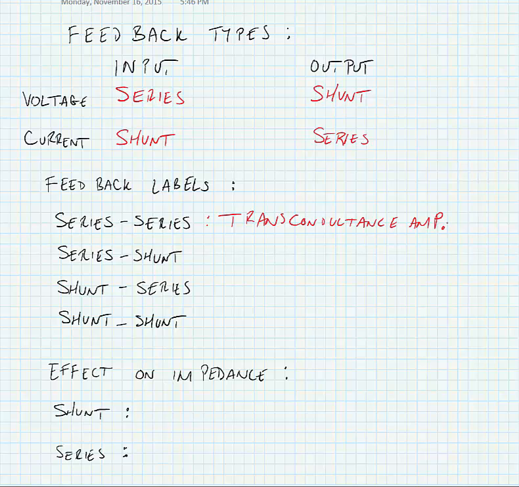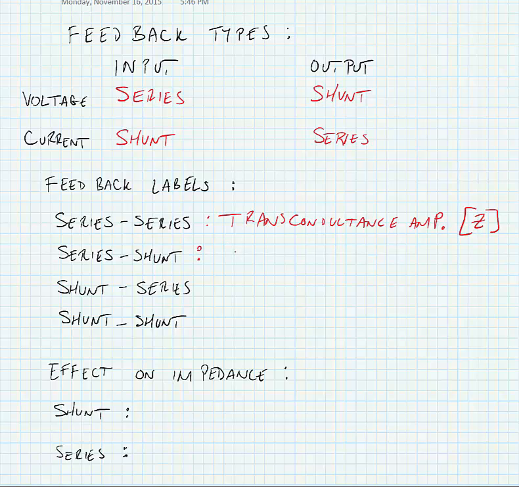A transconductance amplifier is an amplifier that takes voltage as an input and delivers current as an output. We'll examine this in a later set of slides, but for now we use Z parameters when we're analyzing transconductance amplifiers. We'll examine what that means shortly.